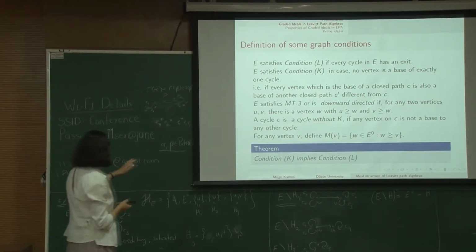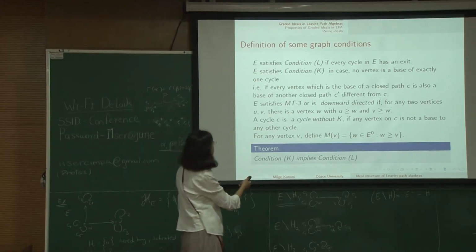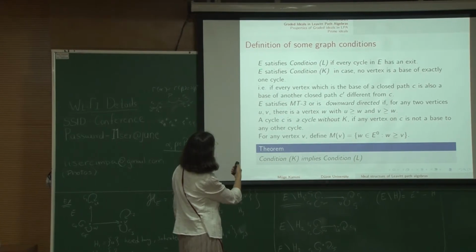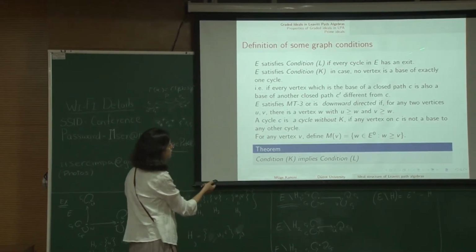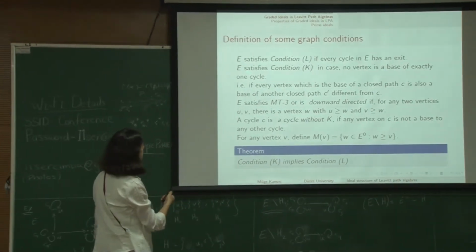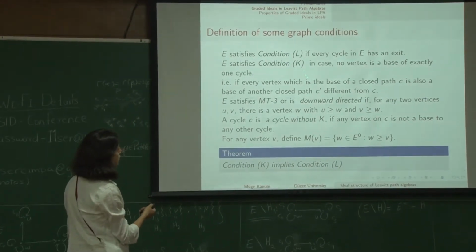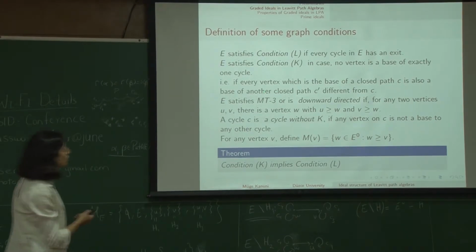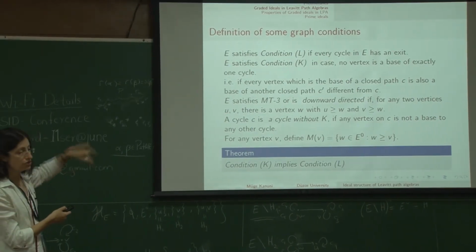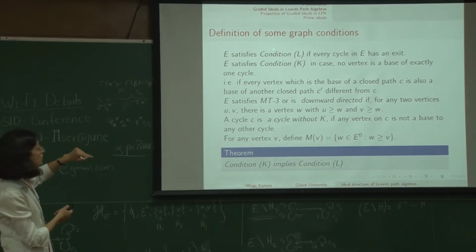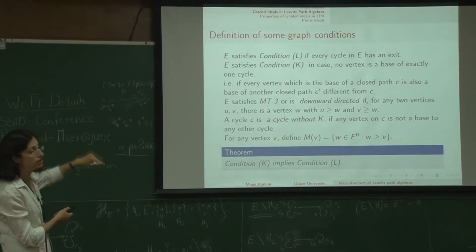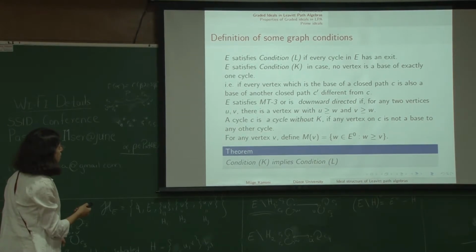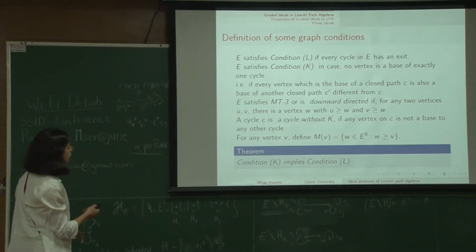Well, let me give the definitions. E satisfies condition L if every cycle has an exit. It satisfies condition K if no vertex is the base of exactly one cycle. If a vertex is the base of a cycle, then there has to be another cycle based there, which is a different one.